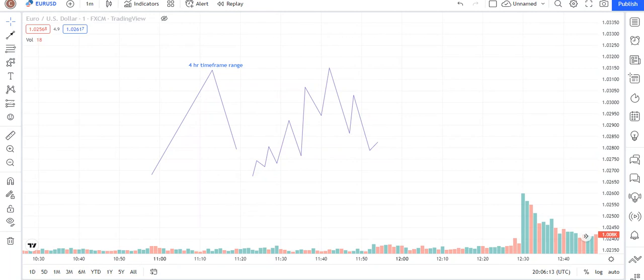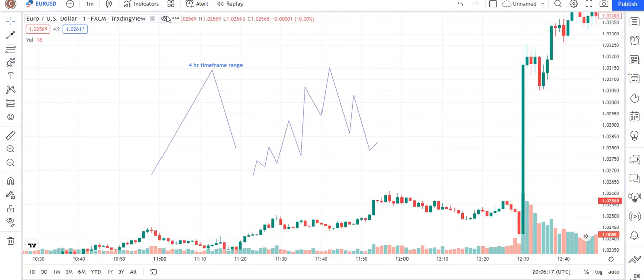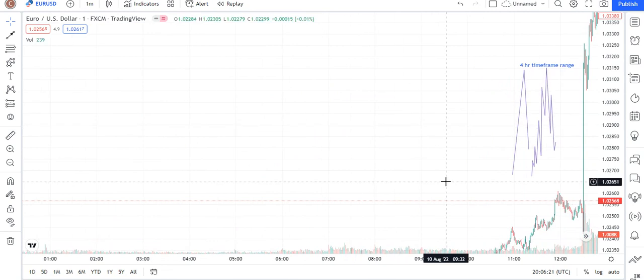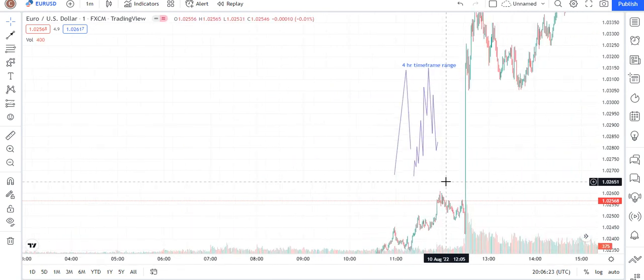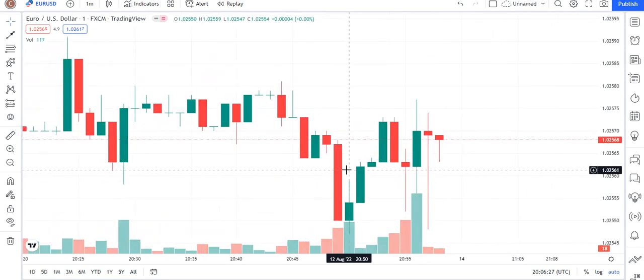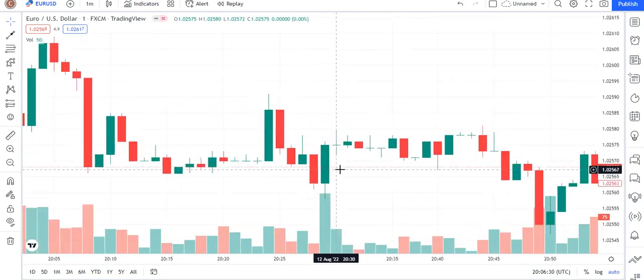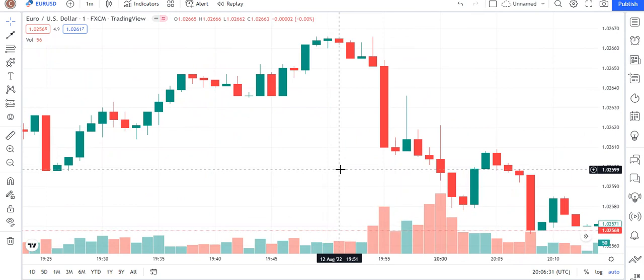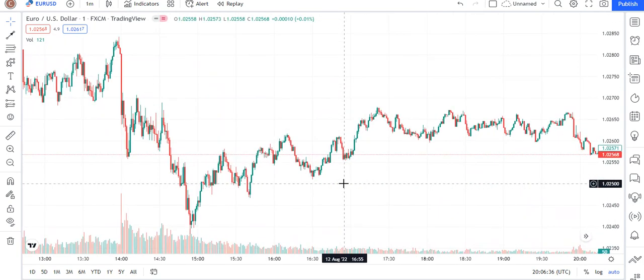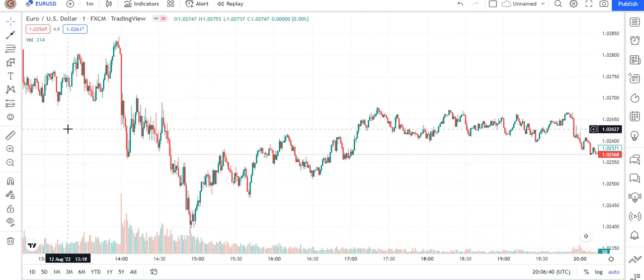Let me tell you why the range is useful. The range is useful so that we can know when to buy or when to sell. So let's say that we are in an uptrend now. So this is a range here.